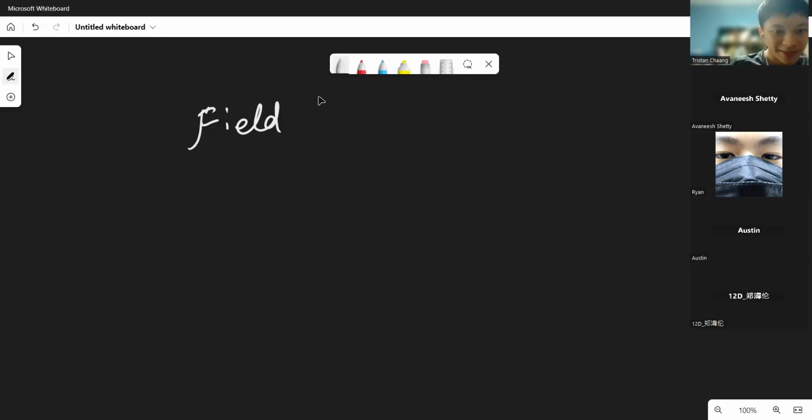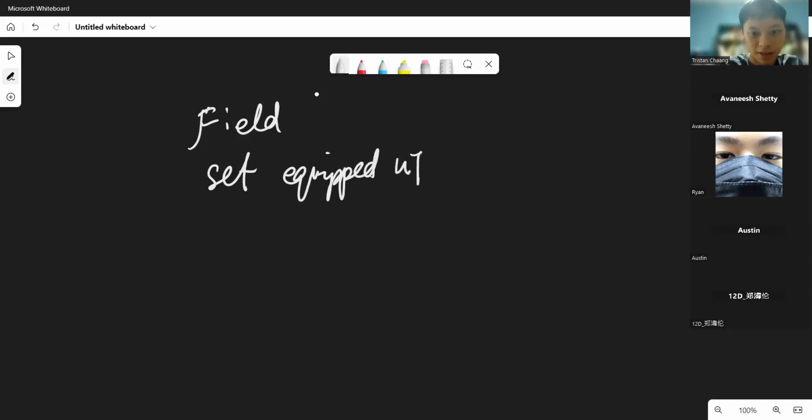So a field is a set equipped with two kinds of operations.